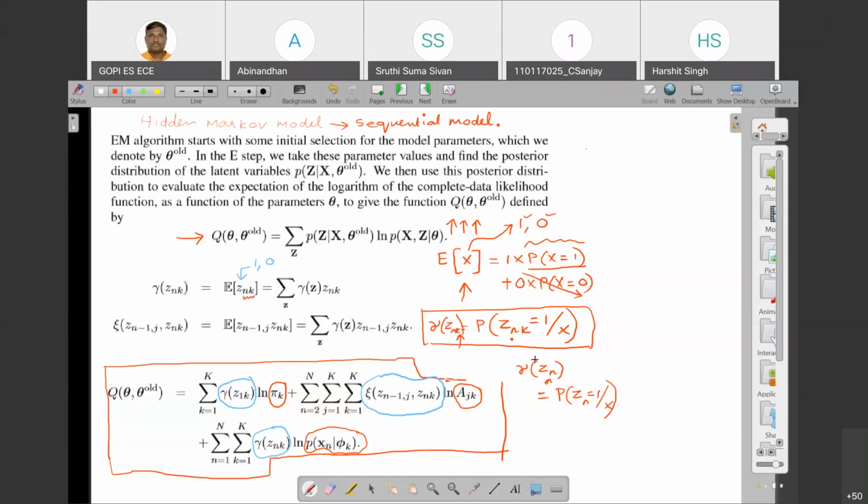But when I say Zn, because Zn can take 0, 1, indirectly the state information is available. So in short, we can write gamma of Zn, which is probability of Zn equal to 1 given X.